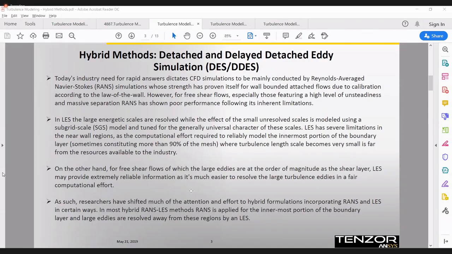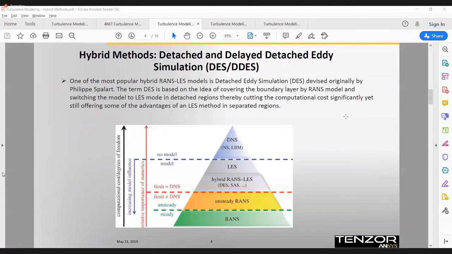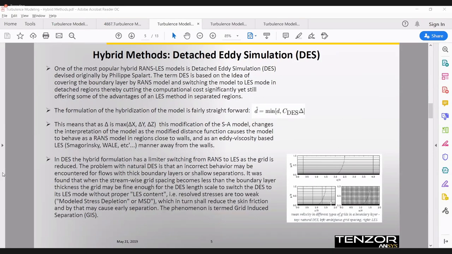I mean, something is wrong there, and the wrong thing is that it seemed to have a problem which is called grid-induced separation. Depending on the level of refinement that you use, you might get problems which are simply moving from RANS to LES when it's not supposed to.